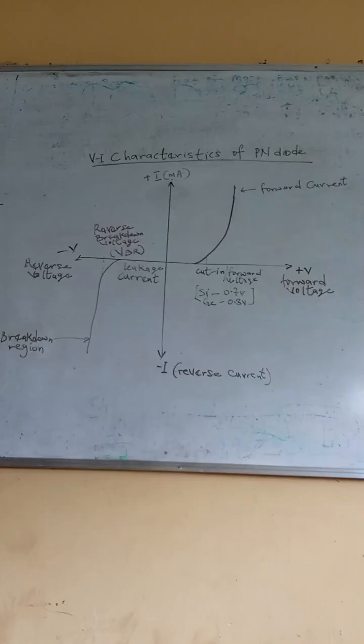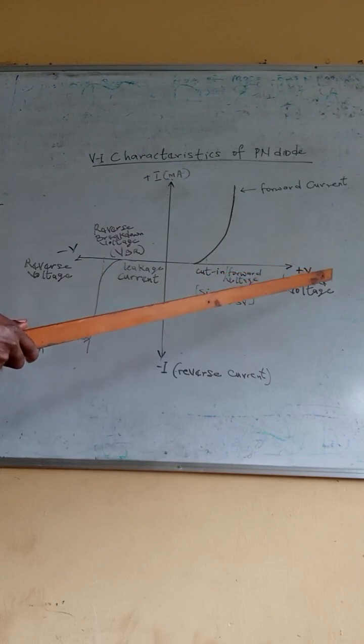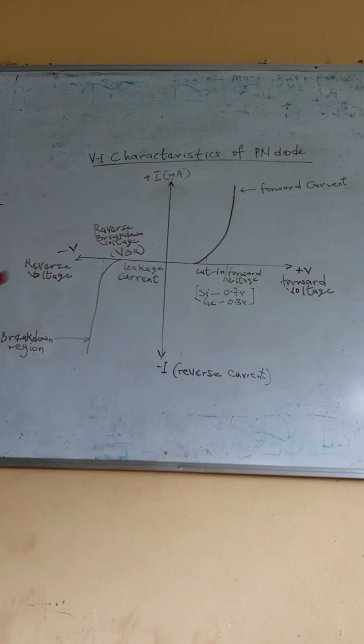Let's look at the graph of the PN diode, the VI characteristic of the PN diode, the voltage-current characteristic. You have this side as the forward bias condition, and this side as the reverse bias condition. You have the current on the vertical axis and the voltage on the horizontal axis.